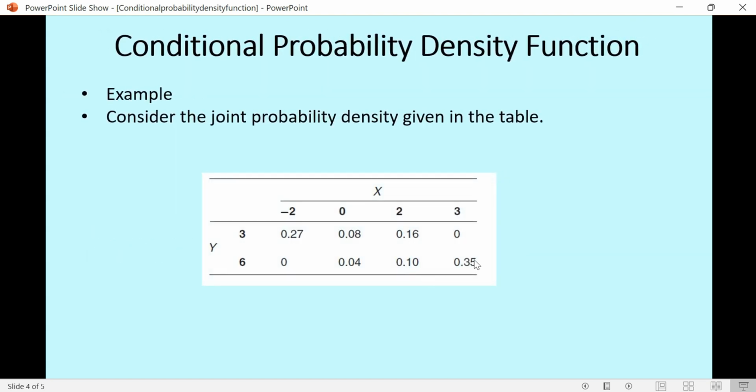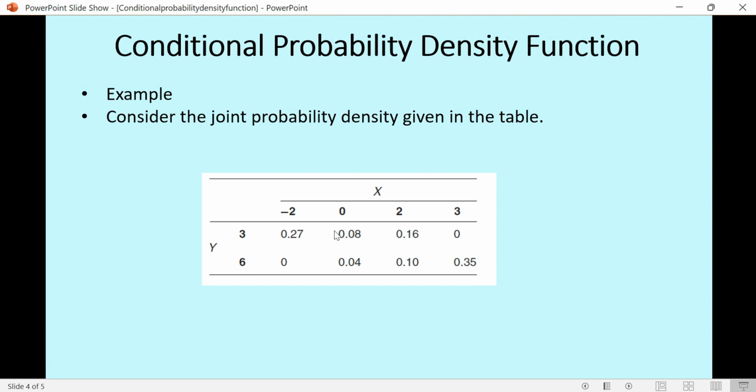Next we show an example, and this is a discrete random variable case. For example, x can take 4 values: -2, 0, 2, 3, and y can take 2 values, 3 and 6. In this table, there are 8 values representing the joint probability.